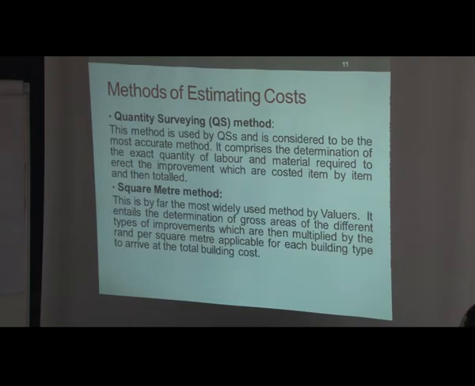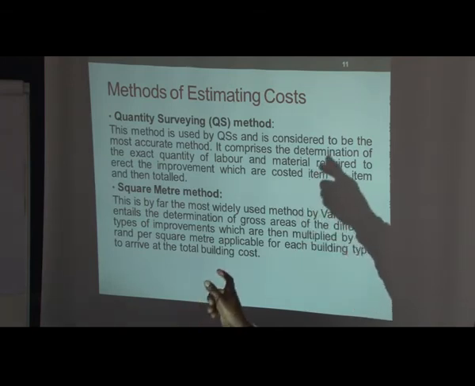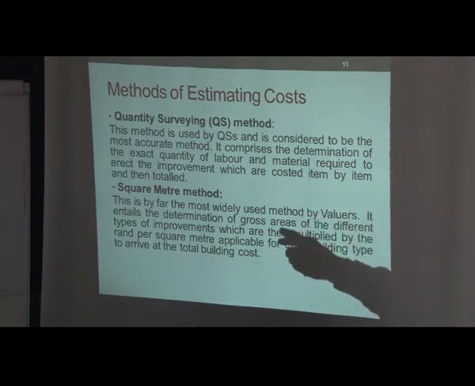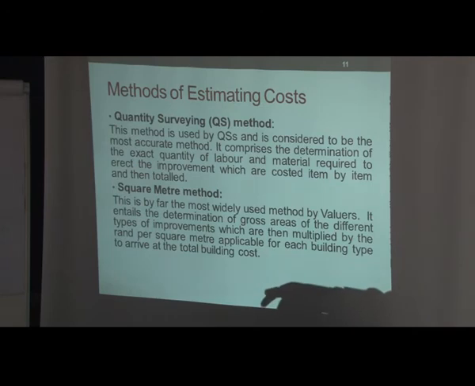Then the quantity surveyor will prepare what they call the bill of quantities based on the architect's specifications. If the architect says in this building there will be cupboards of this type, the quantity surveyor will have to go and look for cupboards of this type to see how much they would cost to install.